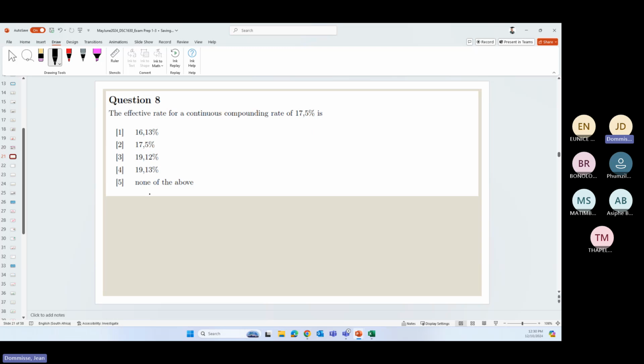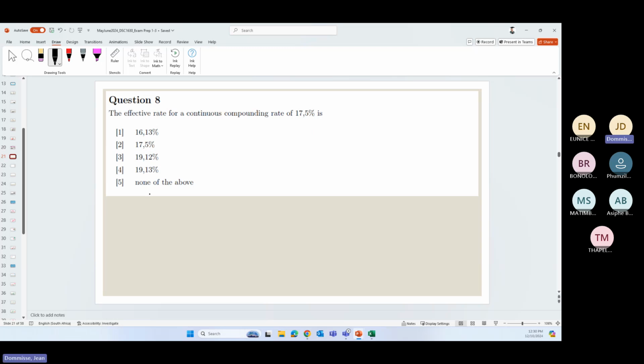Okay, so let's go into question 8, and again you would see I've added some work around effective rates and continuous compounding. If it was effective rate and nominal rate, one can use your calculator.